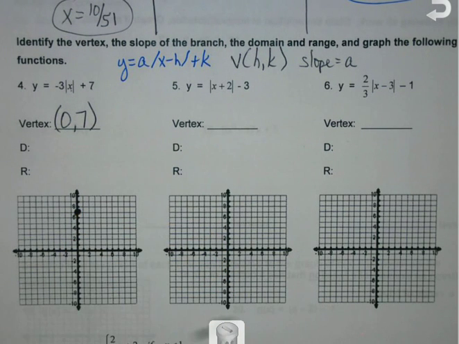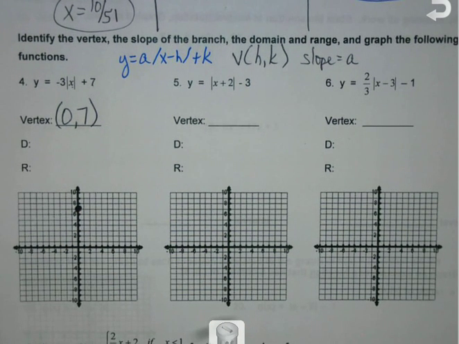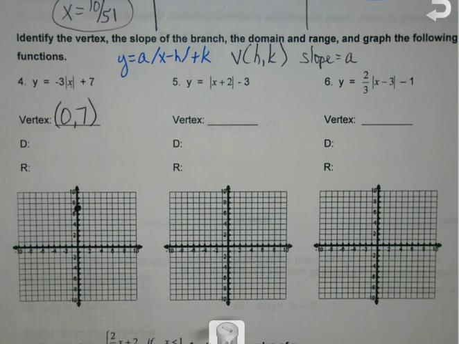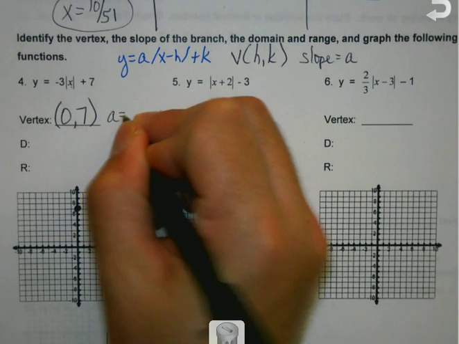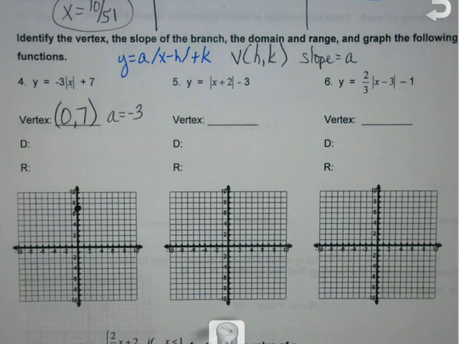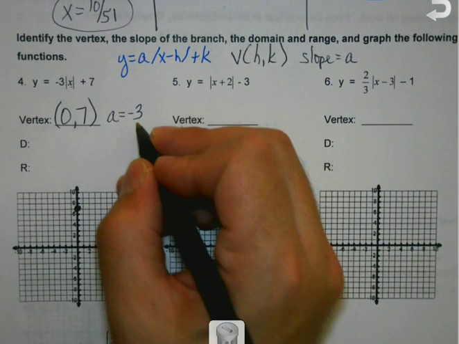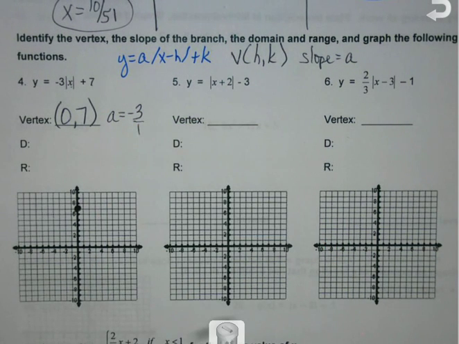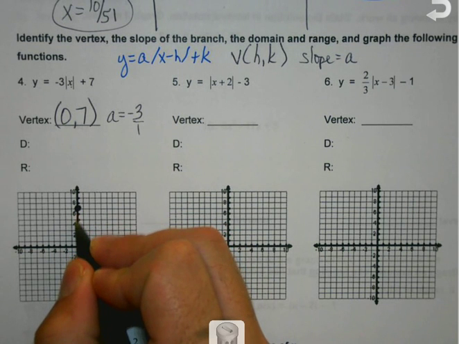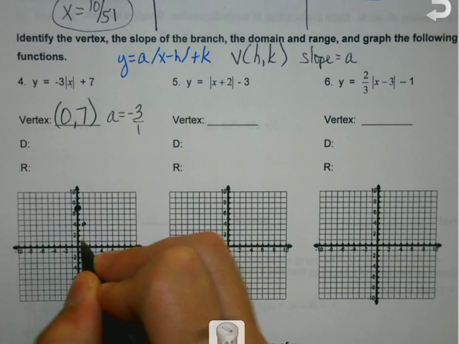Because I plot it just like I'd plot any point. My slope, even though I didn't put a blank for it, and I should have, is -3. Or I can make a fraction out of it if I want to. Now here's the part that gets a little crazy. When you think of negative slope, you think, okay, so I go down 3 and over 1, and down 3 and over 1.